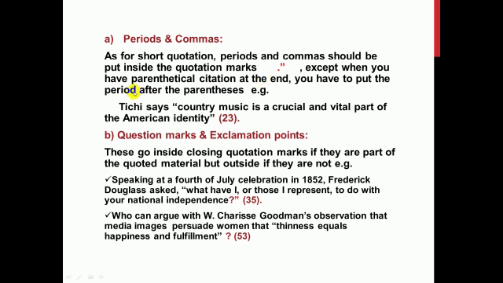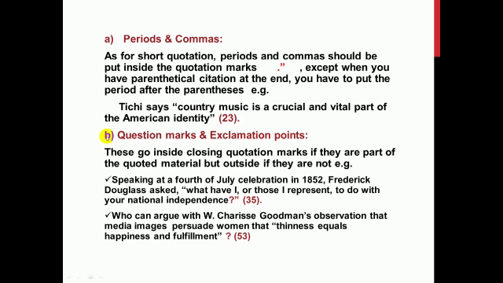You have to put the period after the parenthesis, like this example. Tichy says country music is a crucial and vital part of American identity, closed quotation marks. In this case, as long as we have a parenthetical citation, I have to put the period at the end of the sentence after this parenthesis. Okay, just in case of citation.